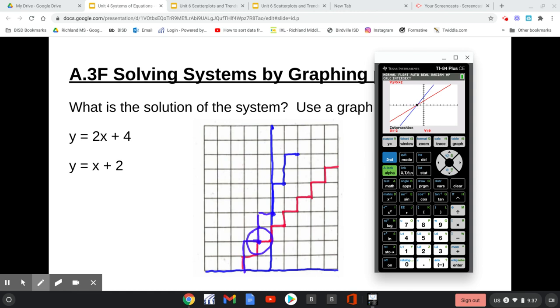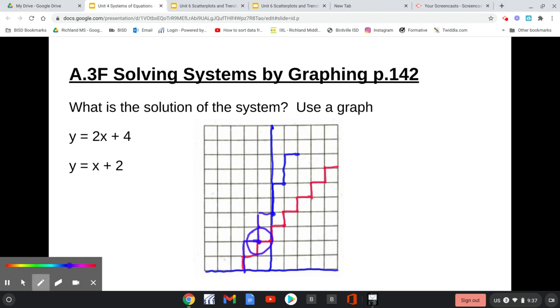So let's see if we were right. Well, this is a mess anyway right here. In fact, I'm going to clear it off because it's not even worth it.